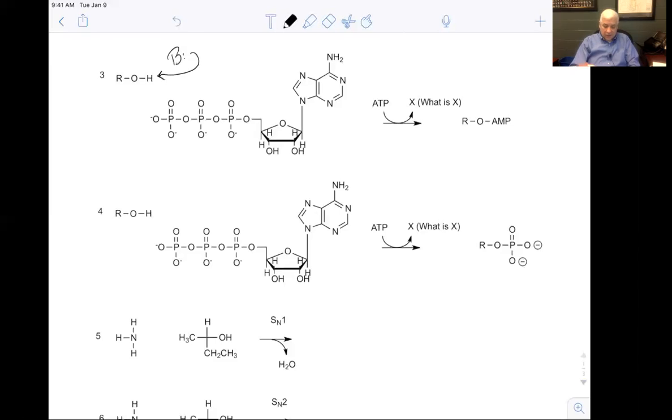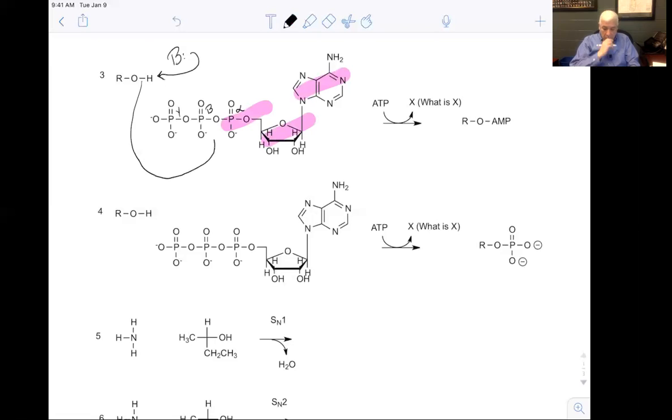Now it can attack at either the alpha, the beta, or the gamma phosphate, and it's dependent upon what we see. And so what we're going to see is that we're going to have AMP attached. So that means we're going to have this part and this part and that part of the molecule attached to the hydroxide.